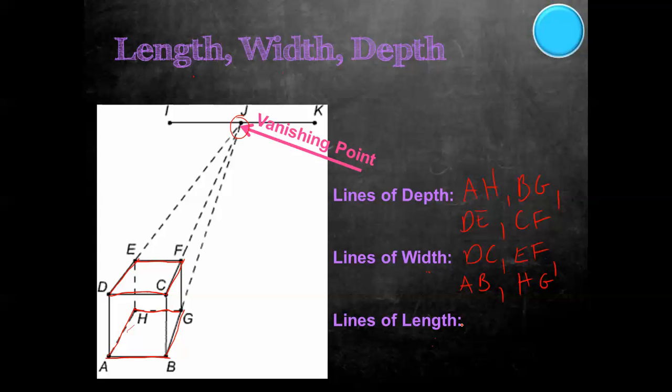So then the length would be the up and down lines. We would say that the lines are AD, BC, GF, and HE.